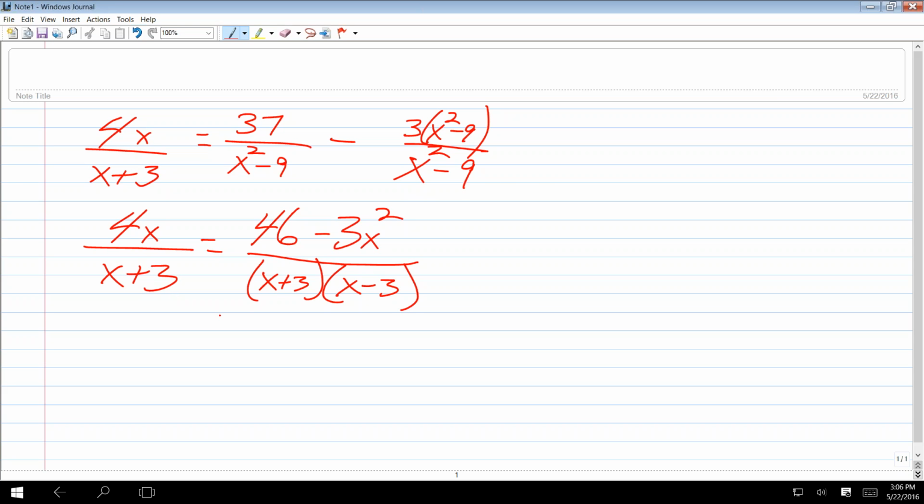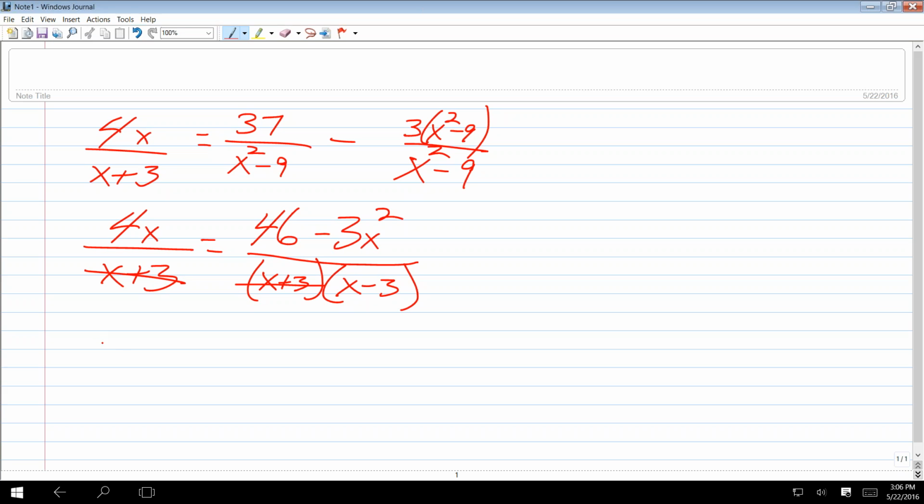What can I do? I could cross multiply, but I can definitely multiply both sides by an x plus 3 and get rid of both of those, right? Now when I cross multiply, I don't have a cubic, I'm going to have a quadratic. And so, well, I don't really mean to cross multiply at this point. I need to multiply both sides by x minus 3.